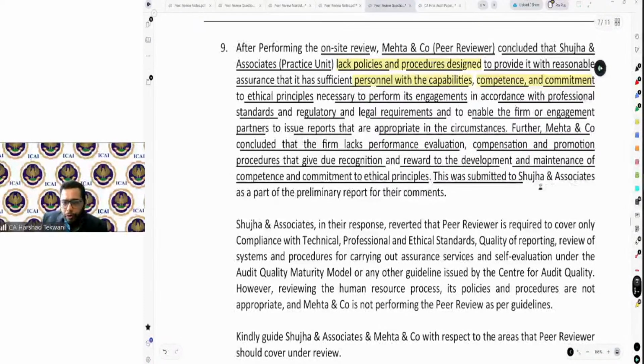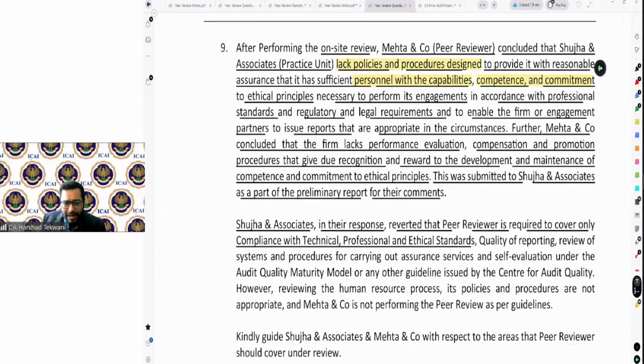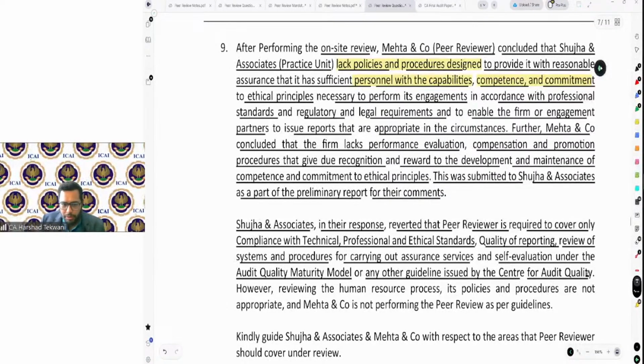This was submitted to Sujai and Associates as part of the preliminary report of their comments. Now, Sujai and Associates, in their response, replied that the peer reviewer is required to cover only compliance with technical, professional, and ethical standards, quality of reporting, review of systems and procedures for carrying out assurance services, and self-evaluation under the Audit Quality Maturity Model or any other guideline issued by the Centre for Audit Quality.